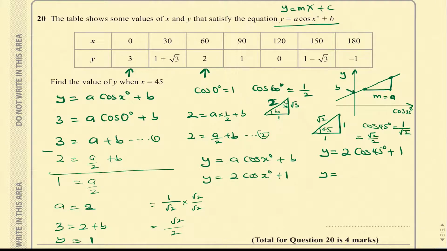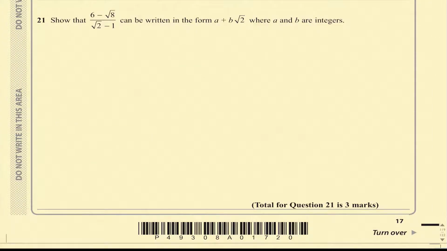So now we get 2 root 2 over 2 plus 1. The 2 cancels the 2, and I get y equal to root 2 plus 1 when x is 45. Question 21.